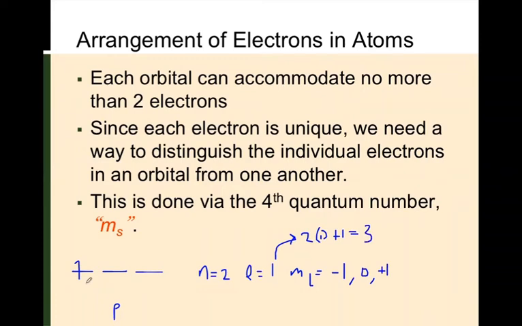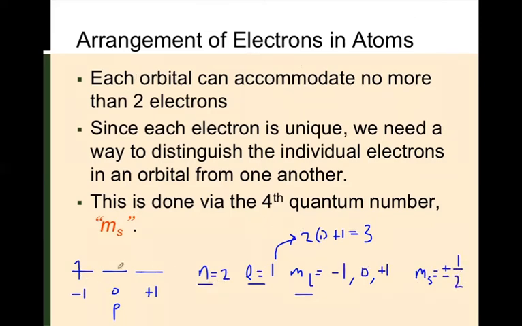So we have -1, 0, and +1 here. Then that's 3 quantum numbers, N, L, ML. Then we're left with the last one, which is MS, and that's going to be equal to plus or minus a half.